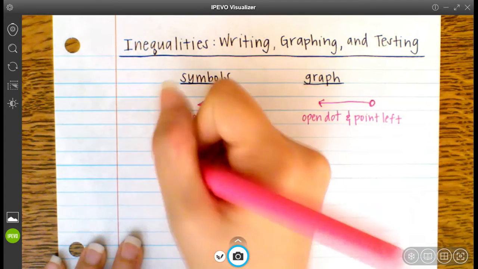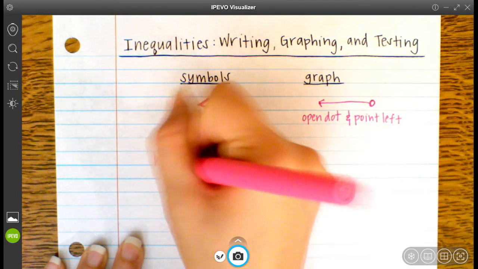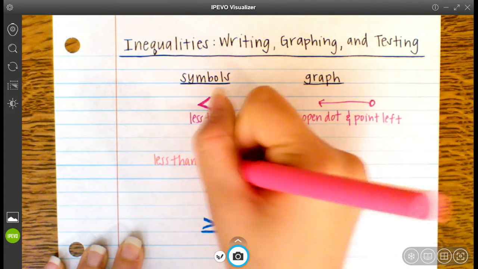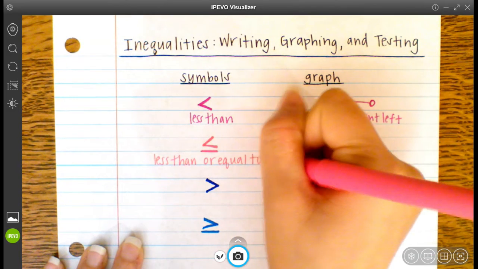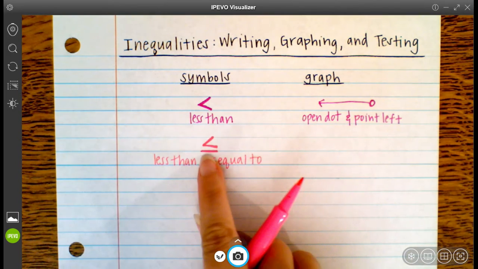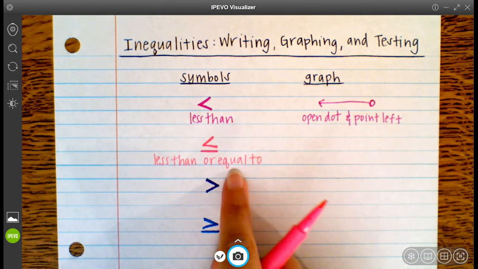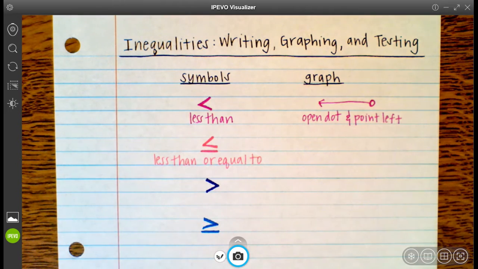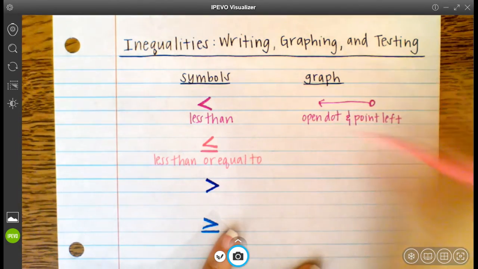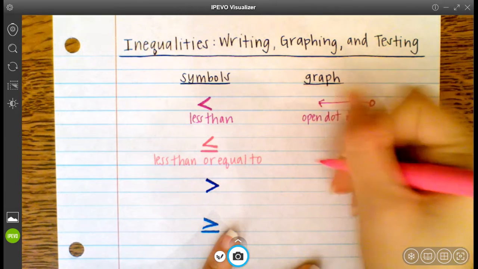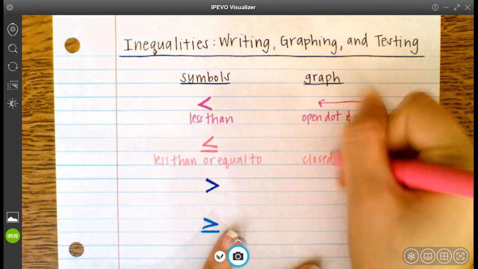Okay. Now, notice how this next symbol looks exactly the same, except it has this little line under it. So this is what we call less than or equal to. That's the bottom part of the equal sign, hence why we have that part that says or equal to. When you go to graph something that has this less than or equal to symbol, we will use not an open dot, but a closed dot.